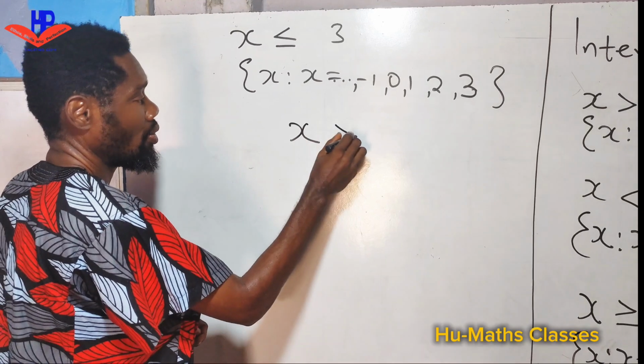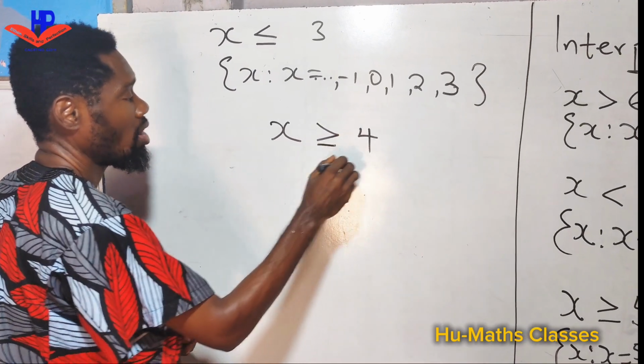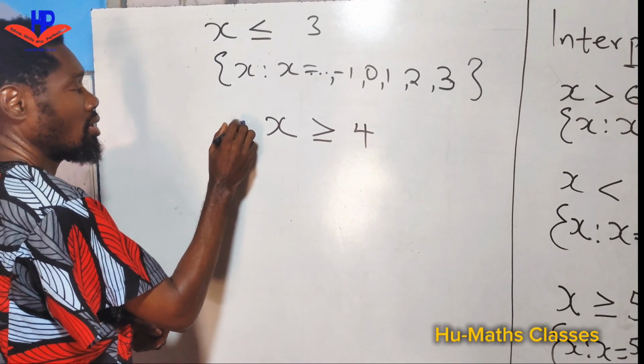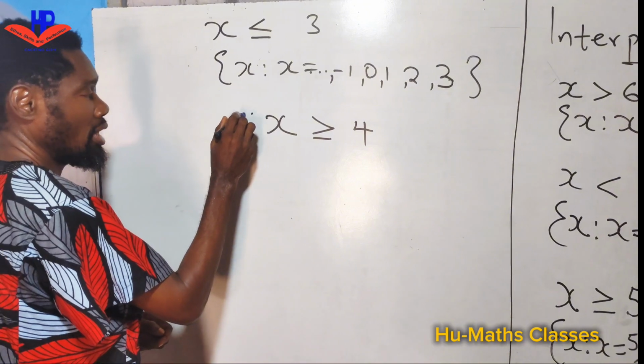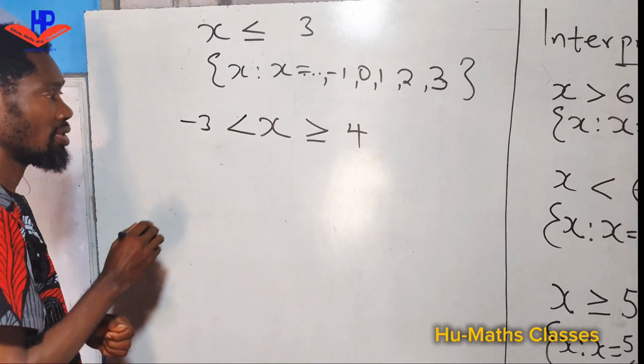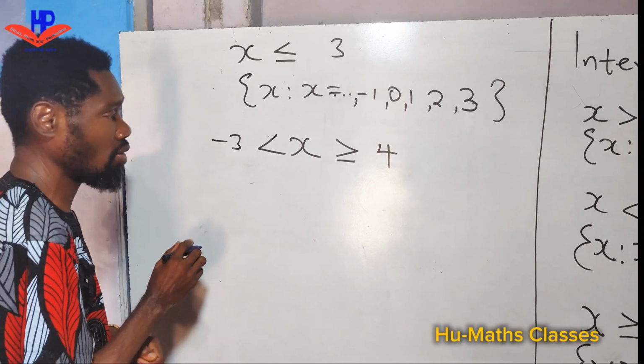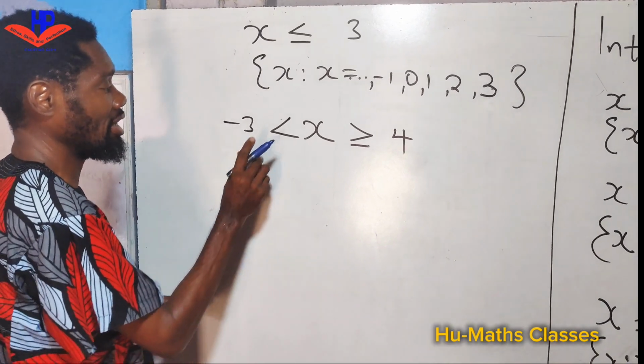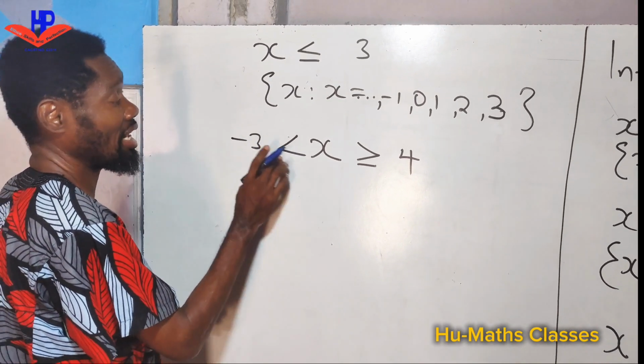X greater than or equal to 4, and greater than -3. X is greater than or equal to 4, and the same x is greater than -3.